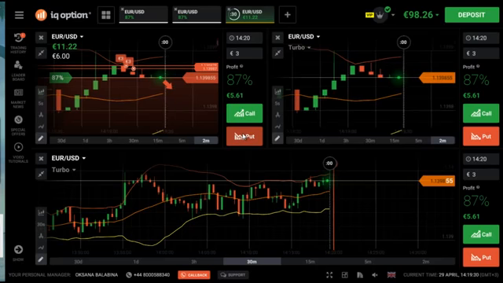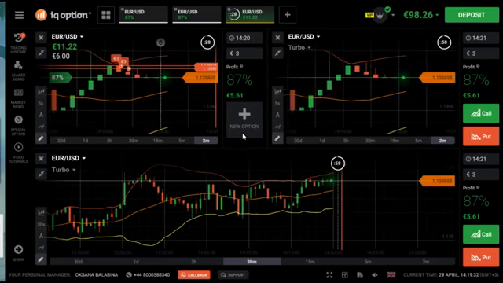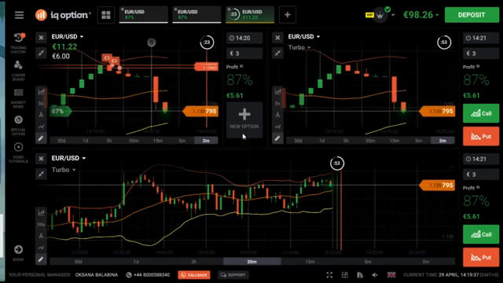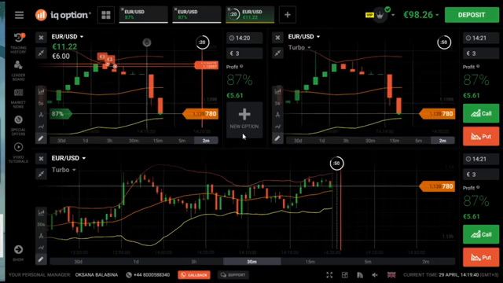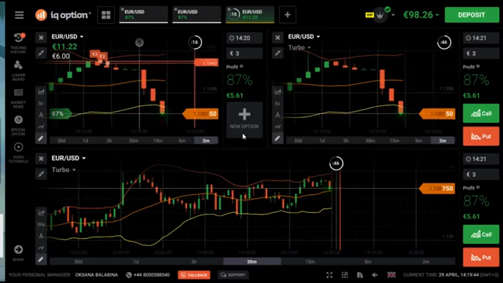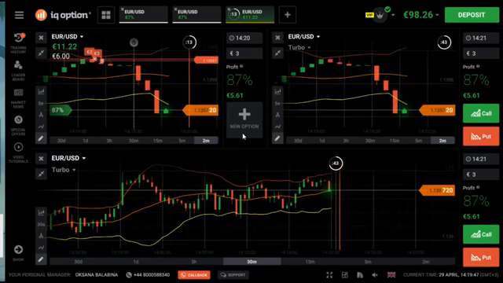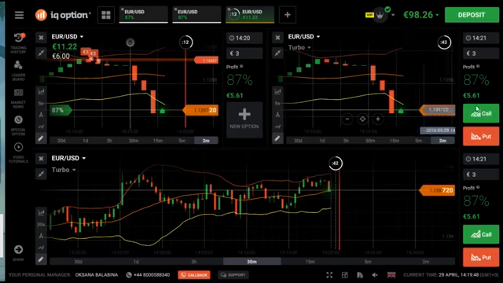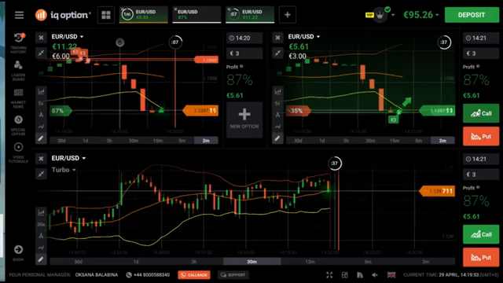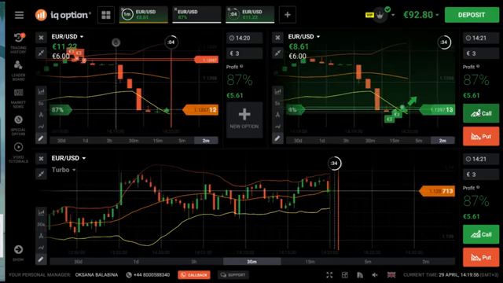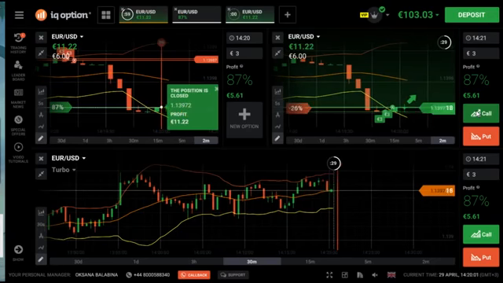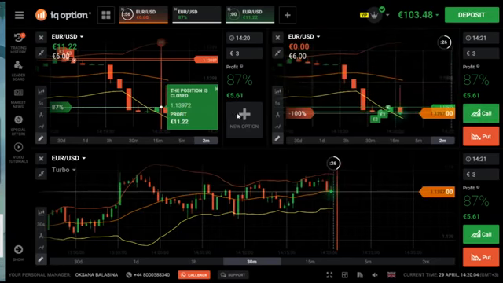So far I've been trading about 35 minutes and the current balance is basically even. But the good news is that I'm not losing, and that's the first step. Before winning, you have to make sure you're not losing. As long as you're not losing, eventually you're going to start winning.